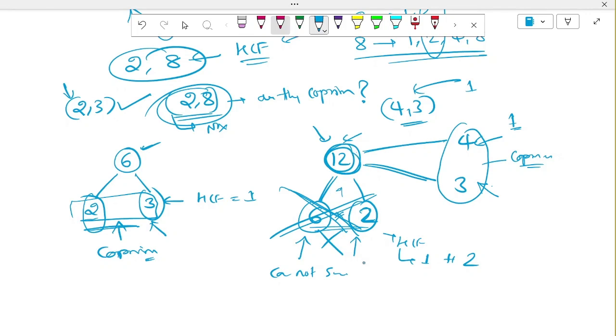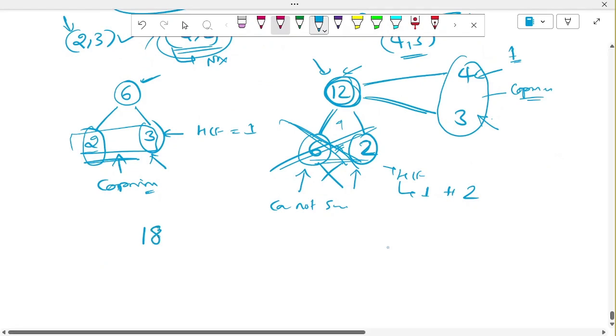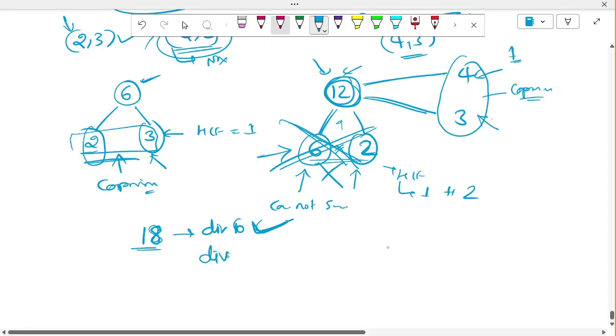I'll take a simple example. If I take 18 and try to check whether it is divisible by 12 or not using these two numbers: this number is divisible by 6, true. This number is divisible by 2, this is also true.